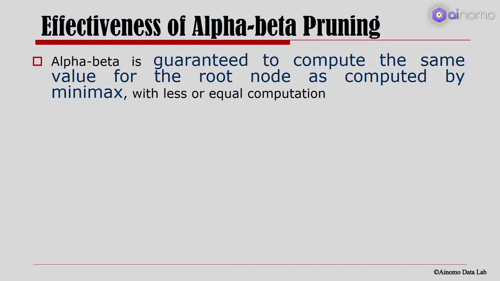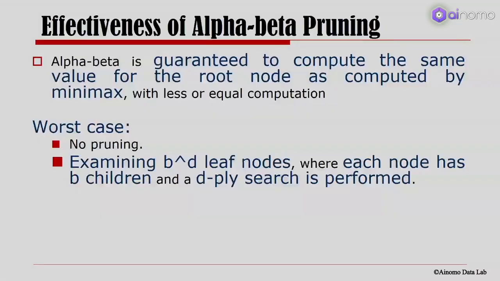Now alpha beta pruning's effectiveness is guaranteed by the fact that it computes the same value for the root node as computed by the Minimax with less or equal computation. Worst case, if we do not have any pruning, we end up examining b to the power d leaf nodes, where each node has b children, and we are talking of a d-ply search.